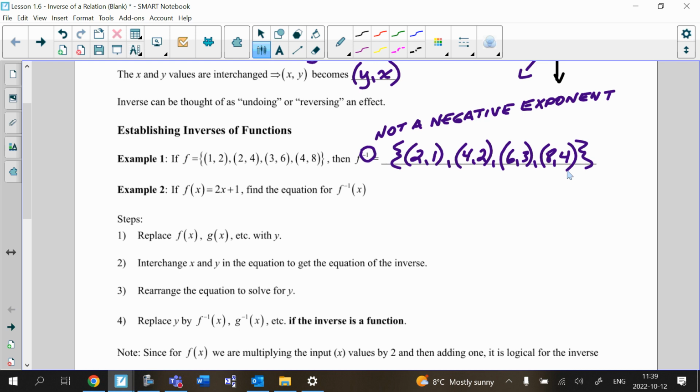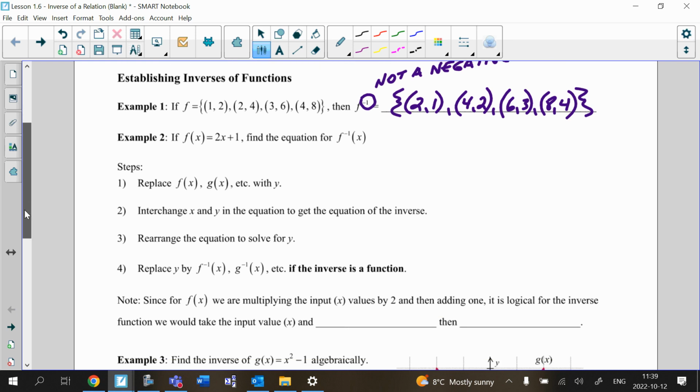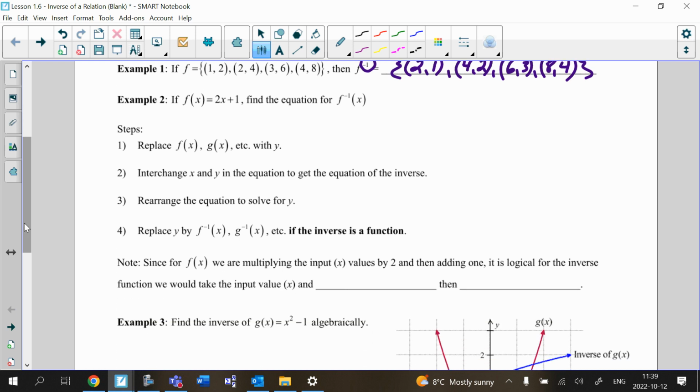Finding the inverse of an equation takes a little bit more work, but it's still the same idea. Remember, here are the steps. So let's say we have this equation. What would that look like if you graphed it, by the way? It would just be a line, wouldn't it?